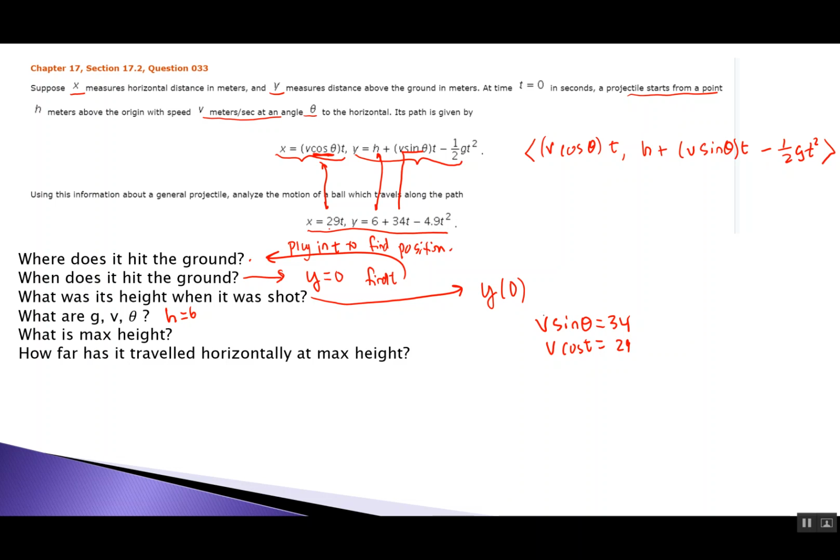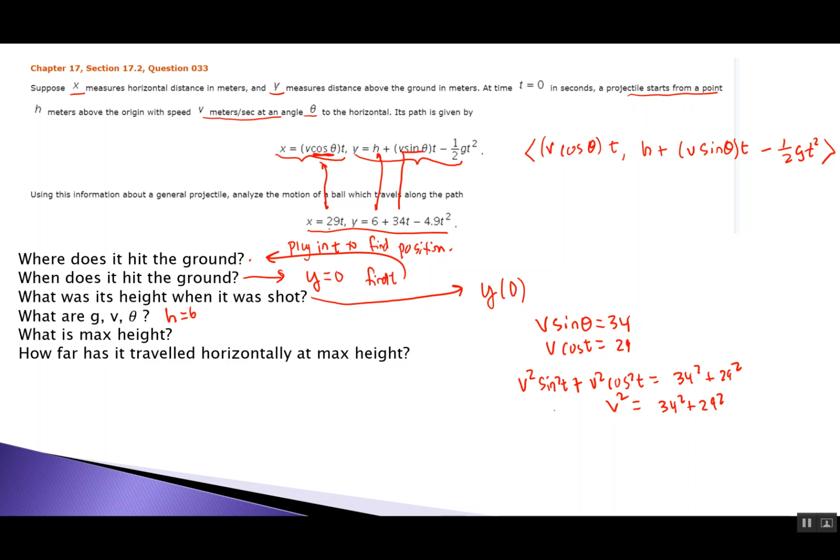If I square both and add together, I get V squared sine squared theta plus V squared cosine squared theta equals 34 squared plus 29 squared. So V squared is going to be 34 squared plus 29 squared, so I can find V from that.